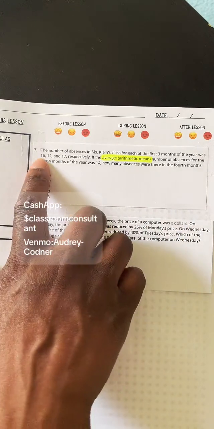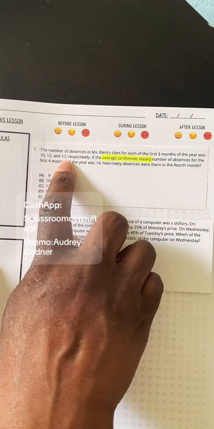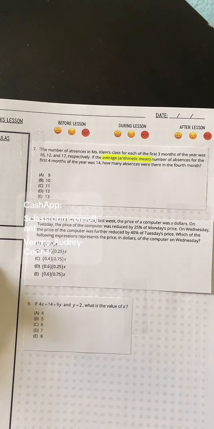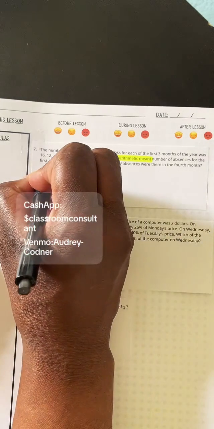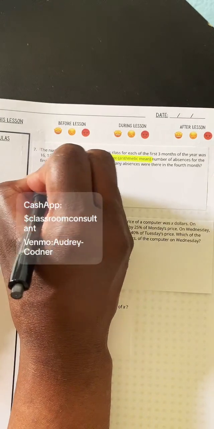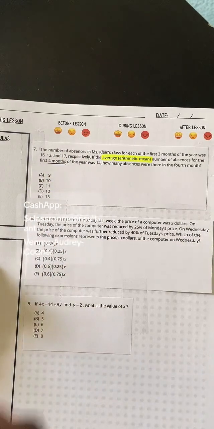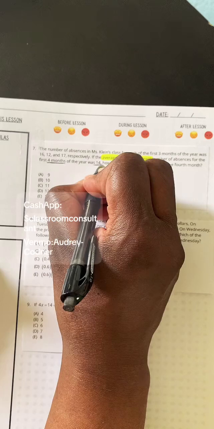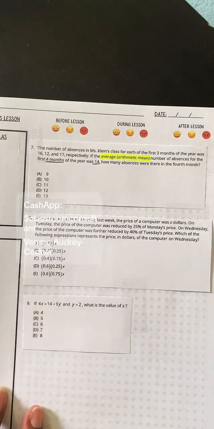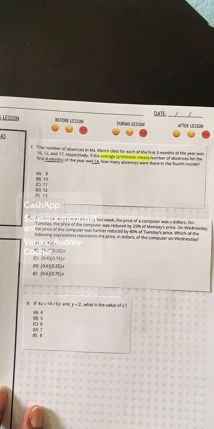So they're giving us 3 numbers, but they're saying the average absences for the first 4 months of the year was 14. So how are we going to set this up?